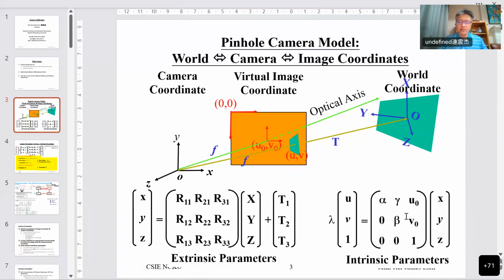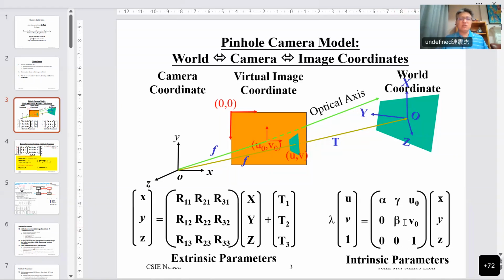So this one is the projection from 3D to the image, and the projection is in the intrinsic parameters. Each camera has its own intrinsic parameters. In the world, no two cameras have the same intrinsic parameters, so for precise estimation, we need to do the calibration. Okay, so these are the intrinsic parameters.